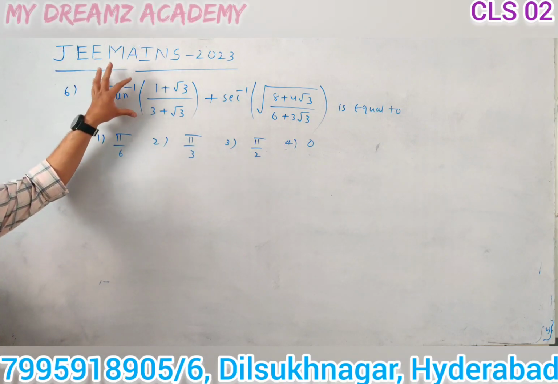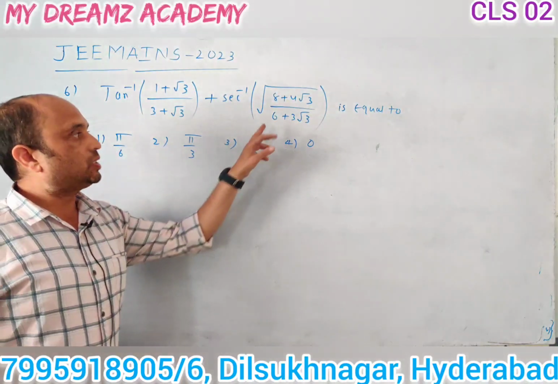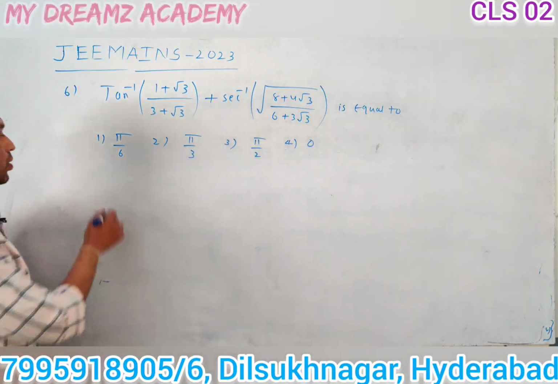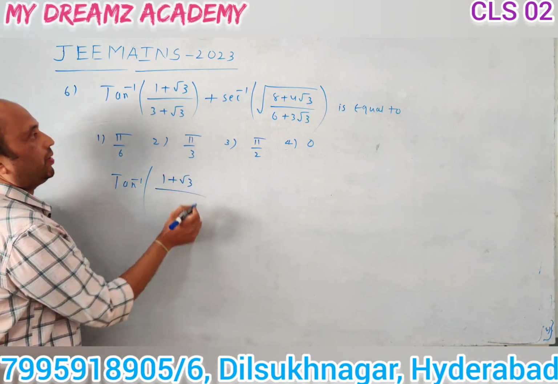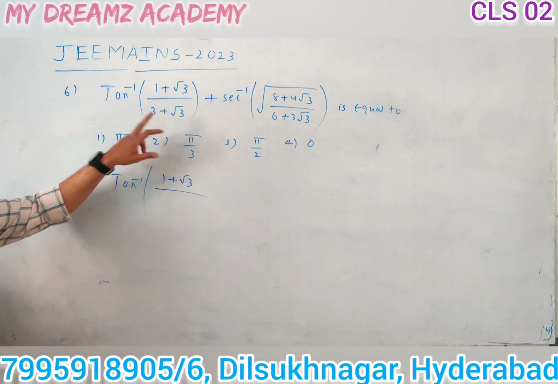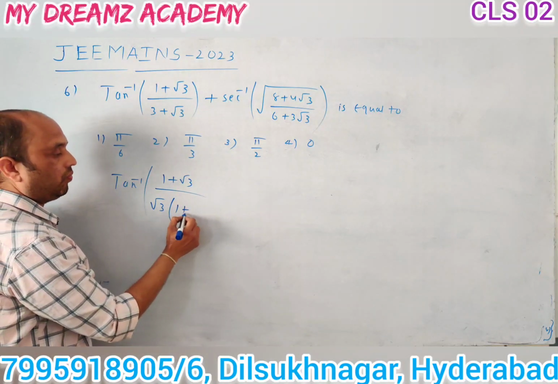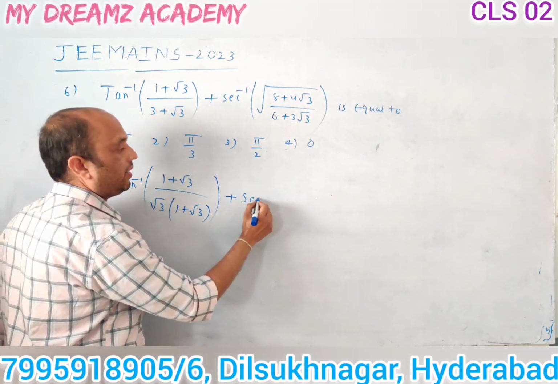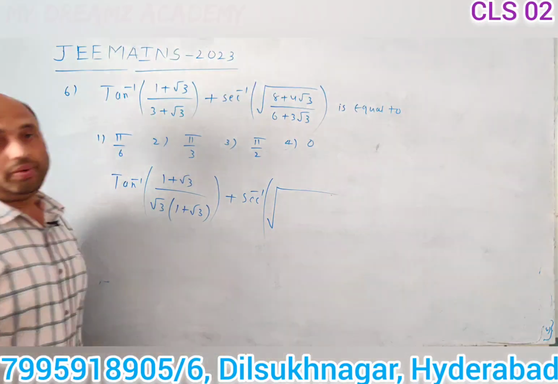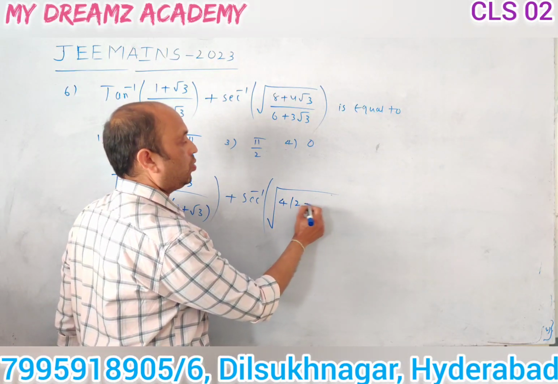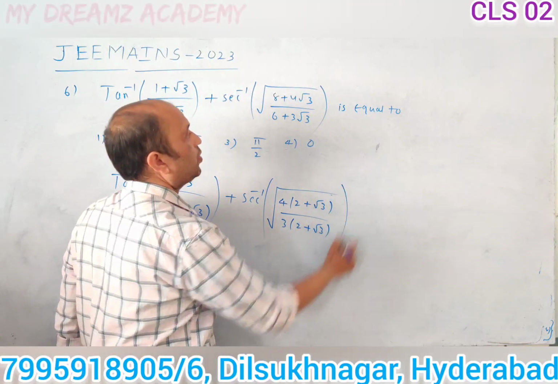Tan inverse of (1 plus root 3) by (3 plus root 3), plus secant inverse of under root of (8 plus 4 root 3) by (6 plus 3 root 3), is equal to what? In the first term, take root 3 common from the denominator, so we get 1 plus root 3 over root 3 into (1 plus root 3). In the second term, take 4 common from the numerator and 3 common from the denominator: 2 plus root 3 over 2 plus root 3.